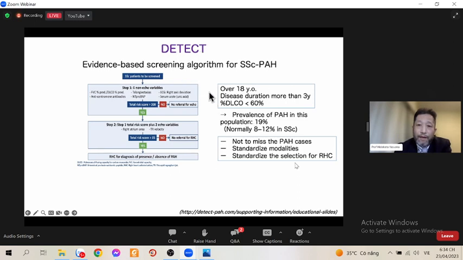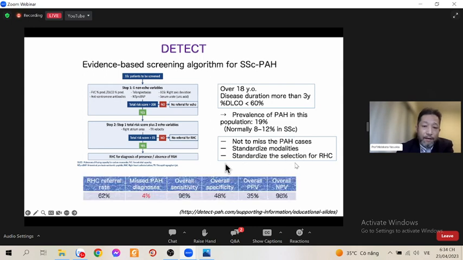The aim of the DETECT study is not to miss PAH cases, and standardization of modalities and the selection for right heart catheter test. This DETECT algorithm is very good because they only missed 4% of PAH cases, and overall sensitivity was 96%. So this algorithm is good at not missing PAH cases.